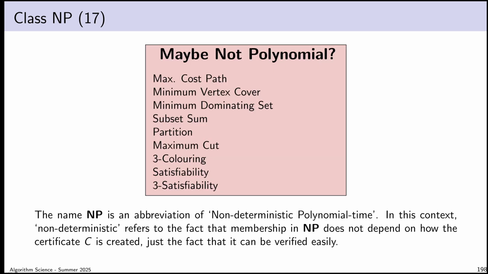The word non-deterministic can be interpreted sort of to mean that assuming that you create a certificate by guessing it randomly, you're just really good at guessing certificates, then you can verify it in polynomial time. And so you can think of the idea of non-determinism here as being related to the fact that NP doesn't depend on how the certificate is created. It could be created via any means, via some non-deterministic process.